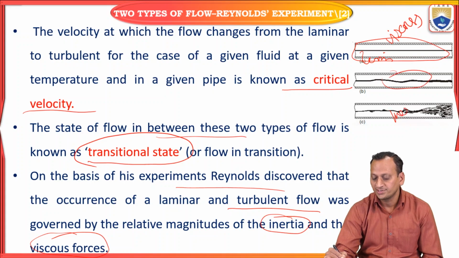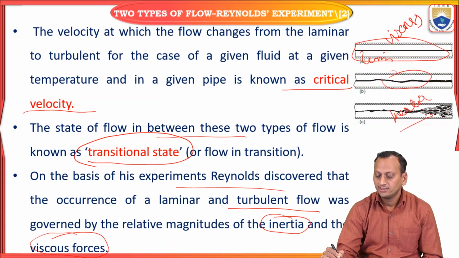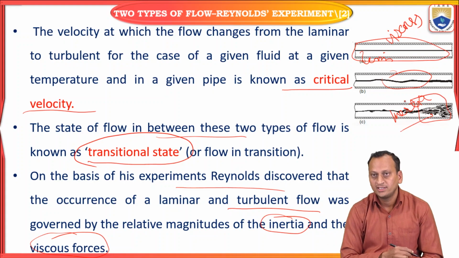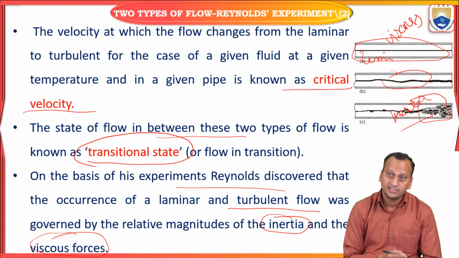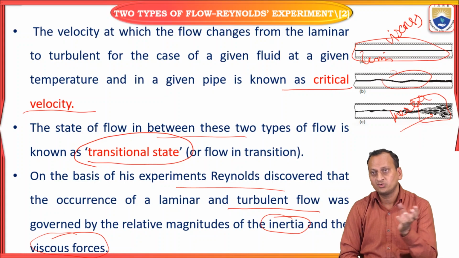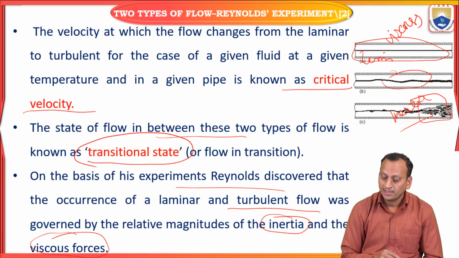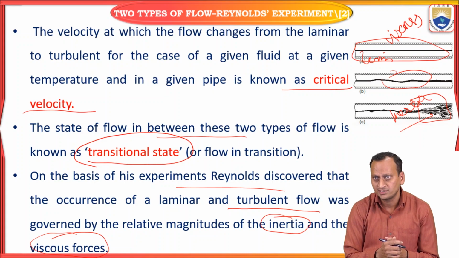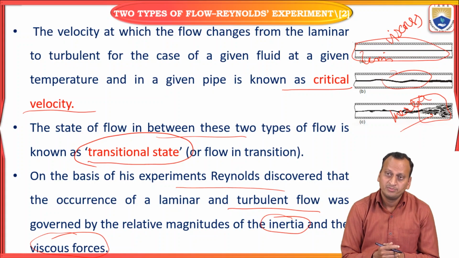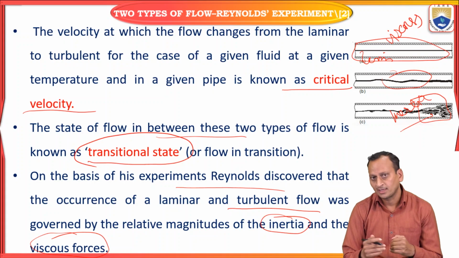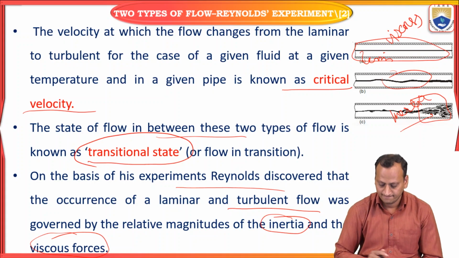Here inertia forces will be dominant. So therefore we can say this is a turbulent zone, and the velocity at which it is converting to turbulent is known as a critical velocity. Based on the various forces governing the fluid, the type of flow or flow pattern will exist.